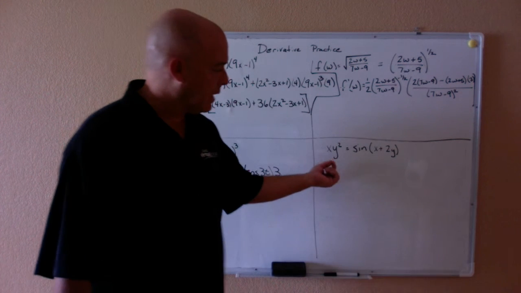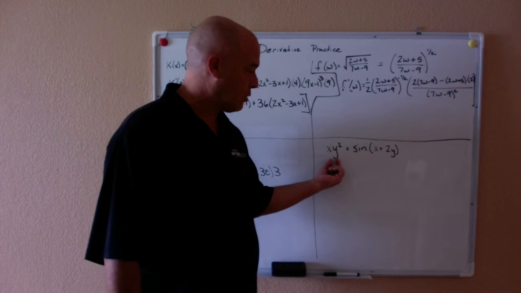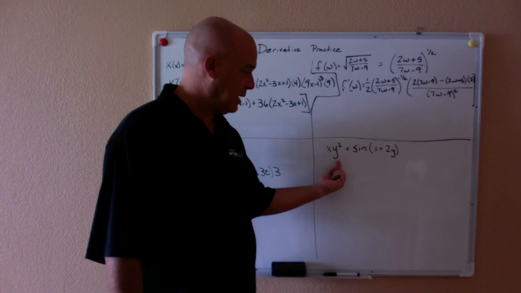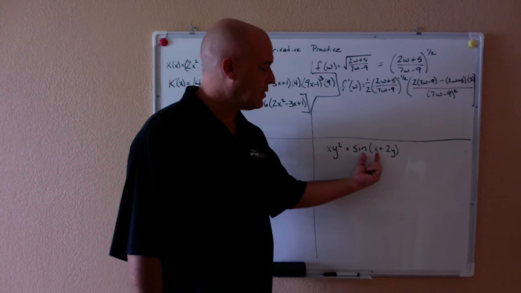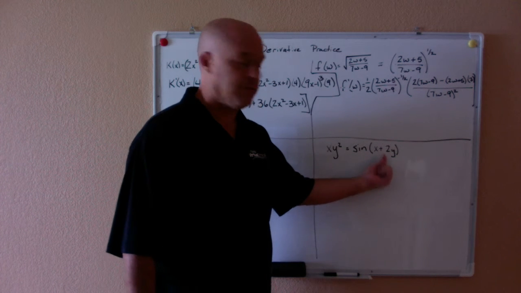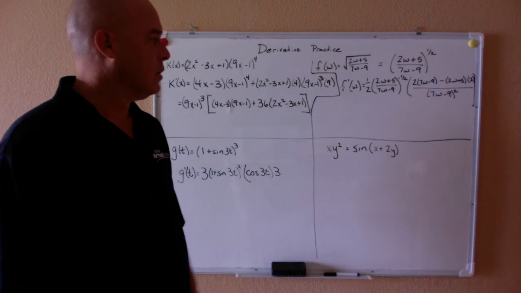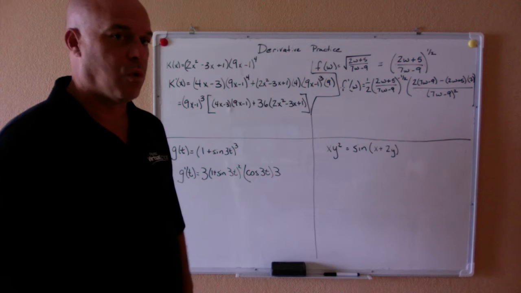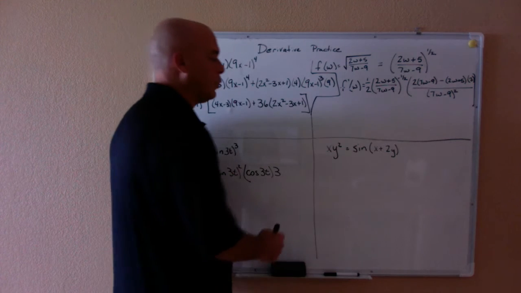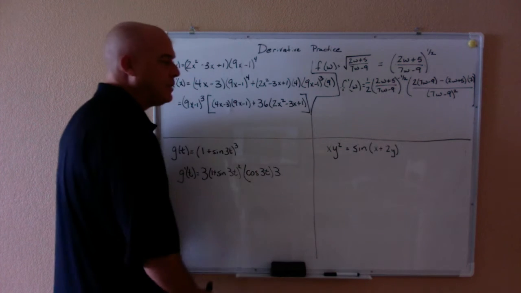So going through here, looking at the left-hand side, I've got a product rule that's going to have to be done implicitly because I have y. And then I have a chain rule here that's going to have to be done implicitly when I differentiate the inside here. So we're going to have to do all the differentiation, then we're going to have to see if we can solve that for dy dx. Okay, so let's start over here on the left-hand side.